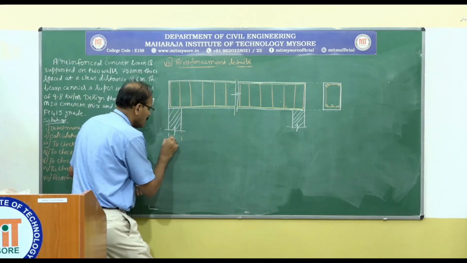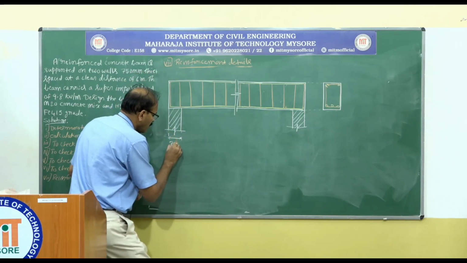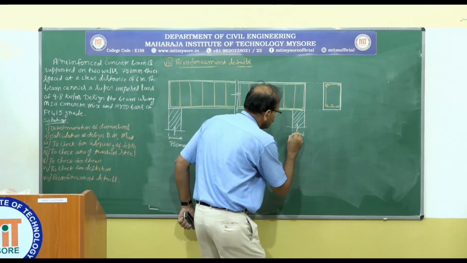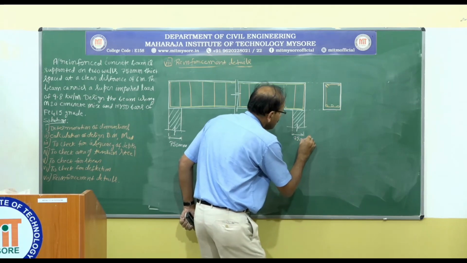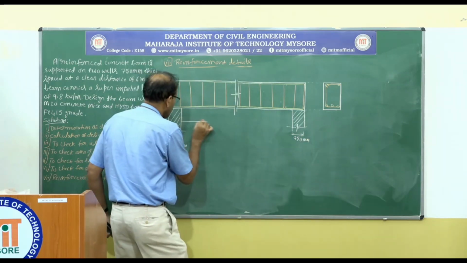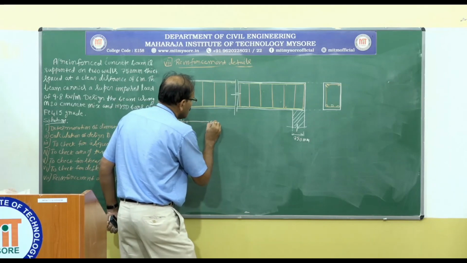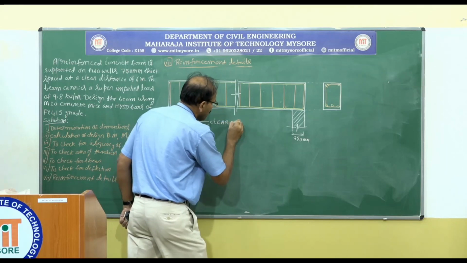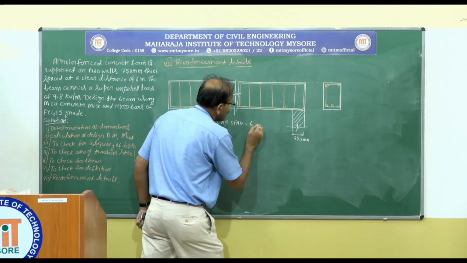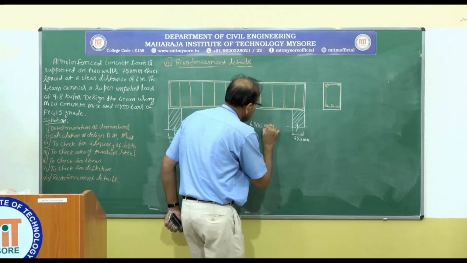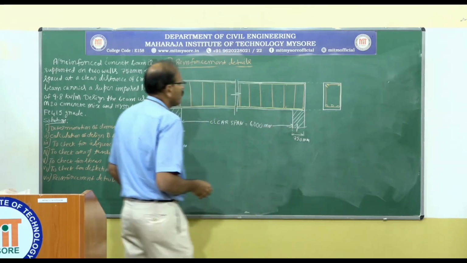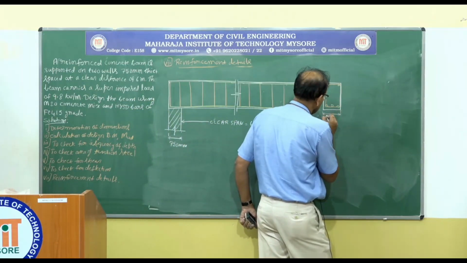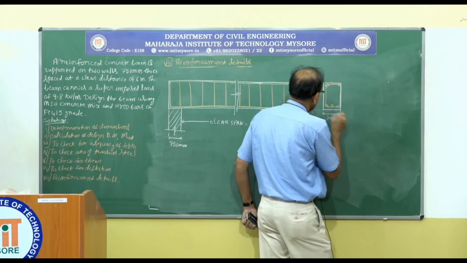Okay, this is 750 millimeter, 750 millimeter. Clear span equal to 6000 millimeter. So this is the width, equal to 300 millimeter.